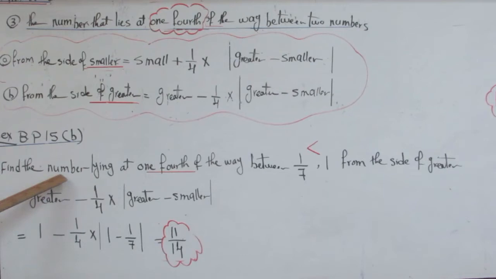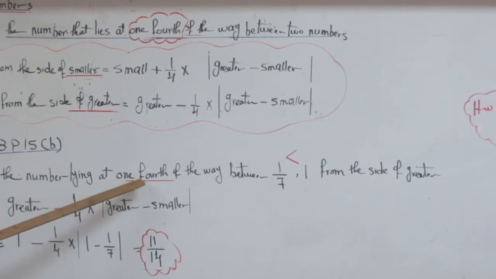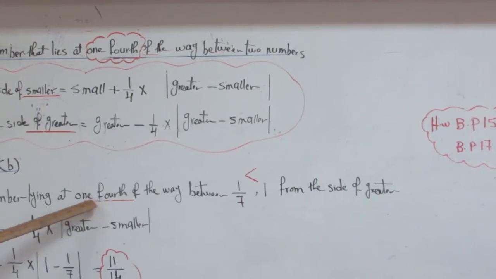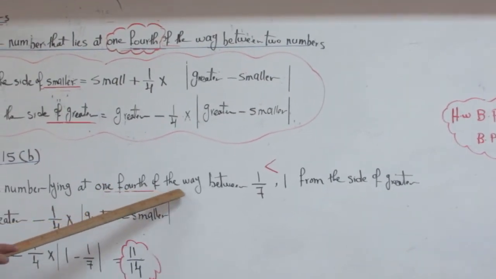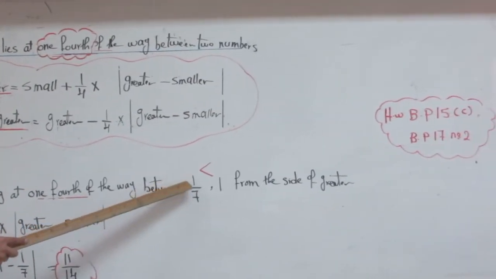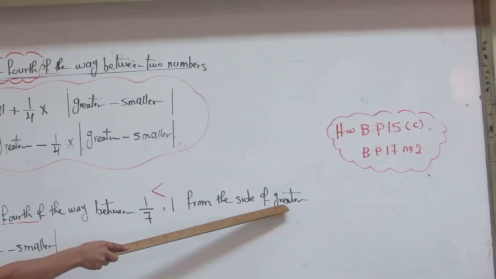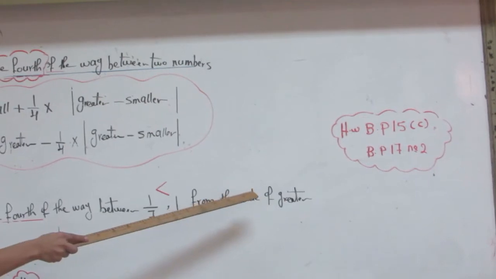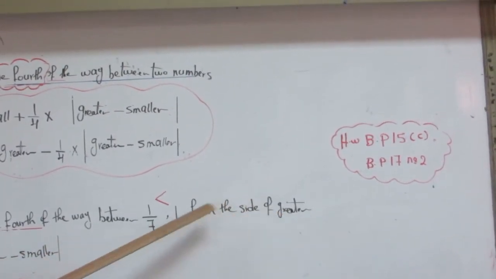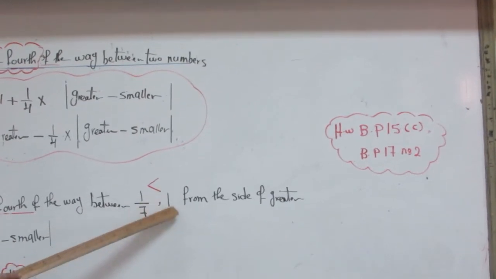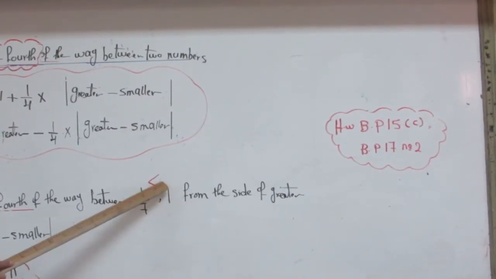Booklet page 15, letter B: find the number lying at 1/4 of the way between 1/7 and 1, from the side of the greater number. 1/7 and 1, obviously 1 is greater, so I'm going to work on 1.